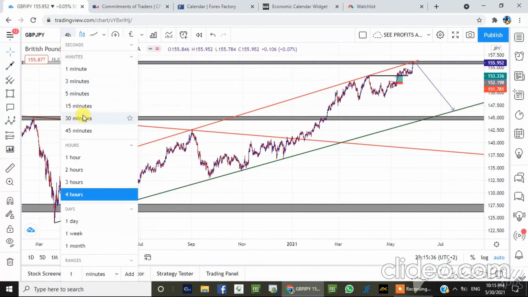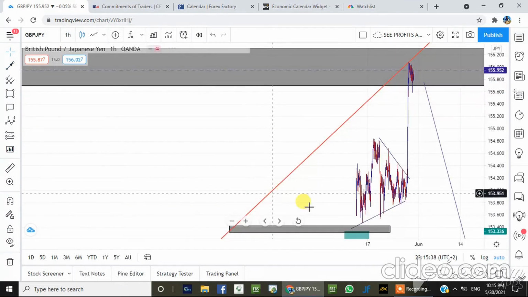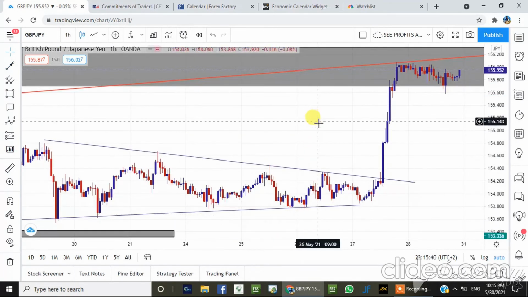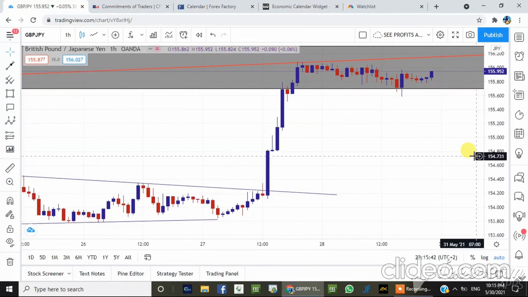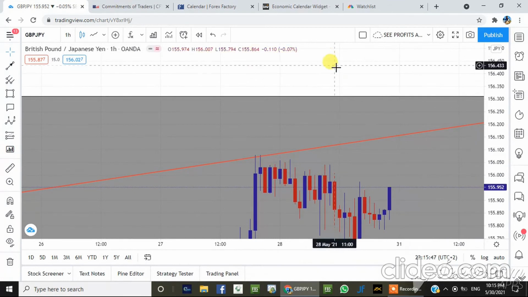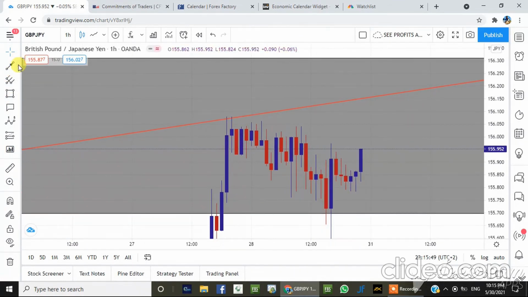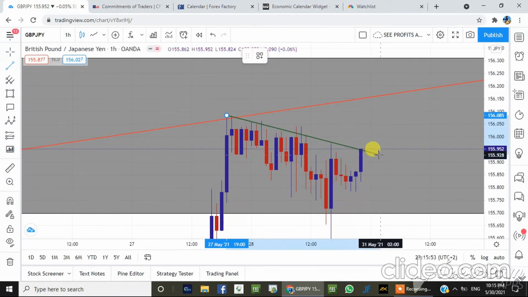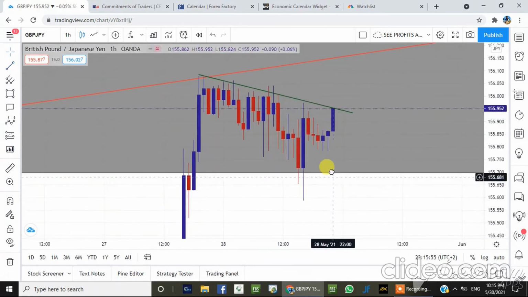So let us go to 1 hour and to current market price. At current market price, you can see that the market is still bullish. So we can wait and see how it reacts on this weekly resistance. You can see the market is creating the structure.